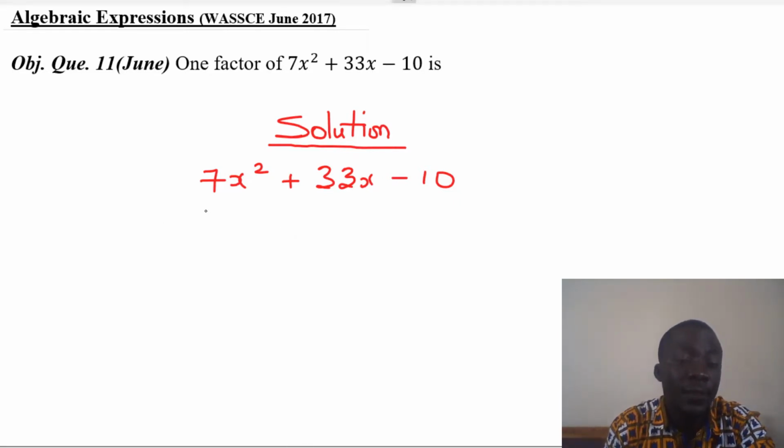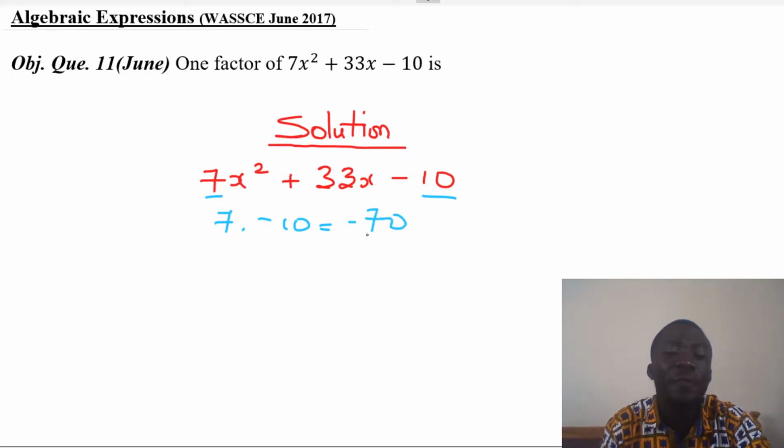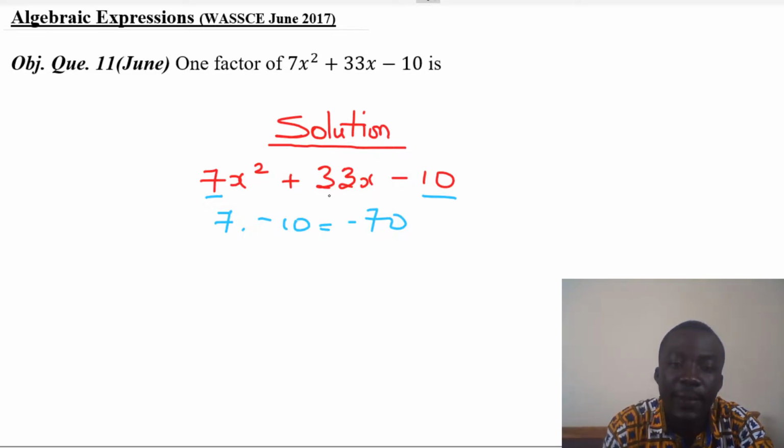To factorize this quadratic trinomial, we first find the product of the coefficient of x squared, which is 7, and the constant, which is negative 10. So 7 times negative 10 gives us negative 70. Then we find two pair factors of negative 70 which, when we add, give the coefficient of x, which is 33.